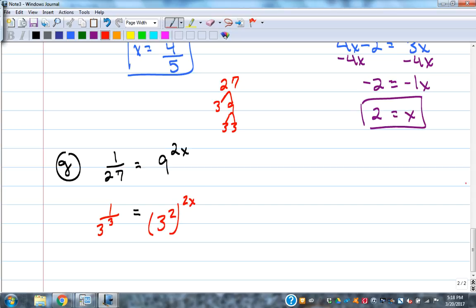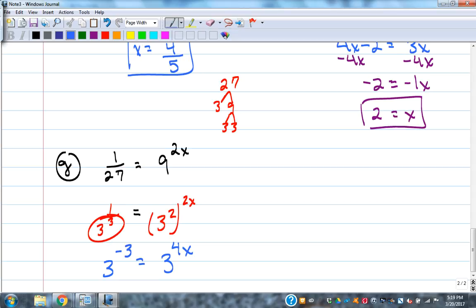Now, what can I do to that to bring it up to the top? How do I rewrite 1 over 3 to the third power so that it's not in the denominator? Make it a negative. That's 3 to the negative 3.